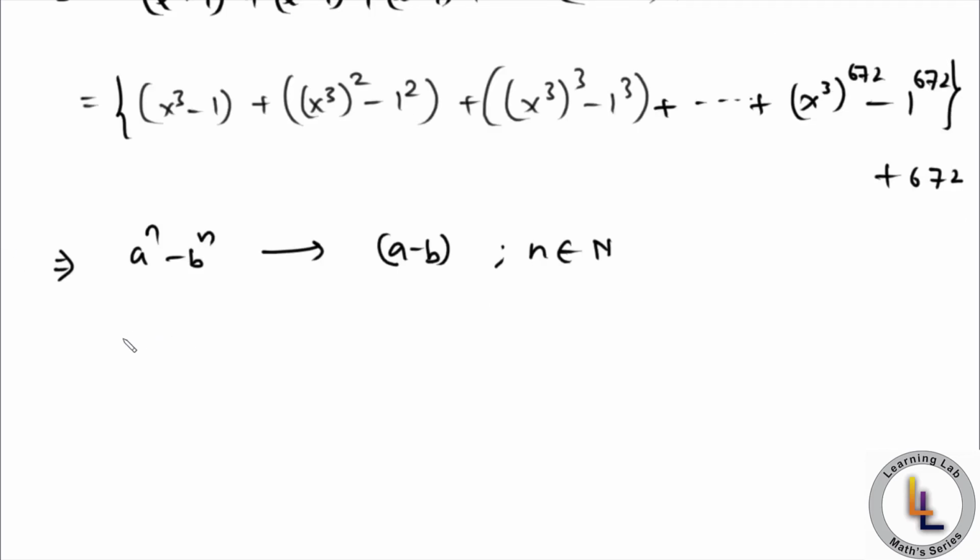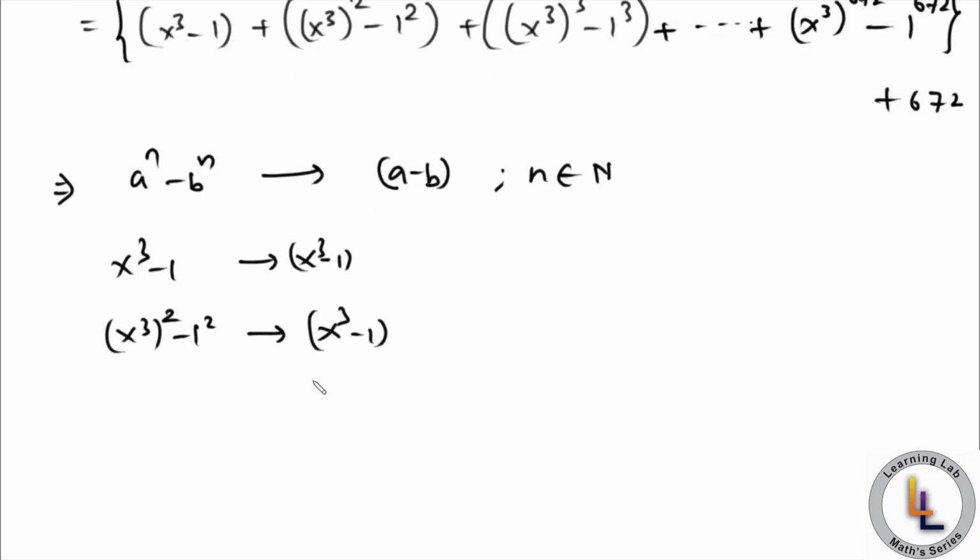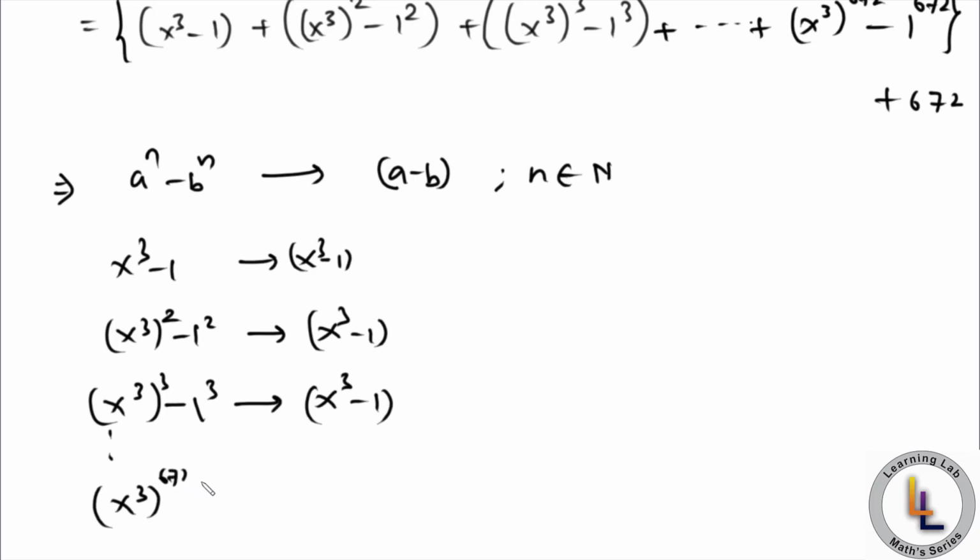So obviously x cube minus 1 is already divisible by x cube minus 1, right? This (x cube) square minus 1 square is also divisible by x cube minus 1. Similarly, (x cube) cube minus 1 cube is also divisible by x cube minus 1. In the same way we can conclude (x cube) raised to power 672 minus 1 raised to power 672 is divisible by x cube minus 1.